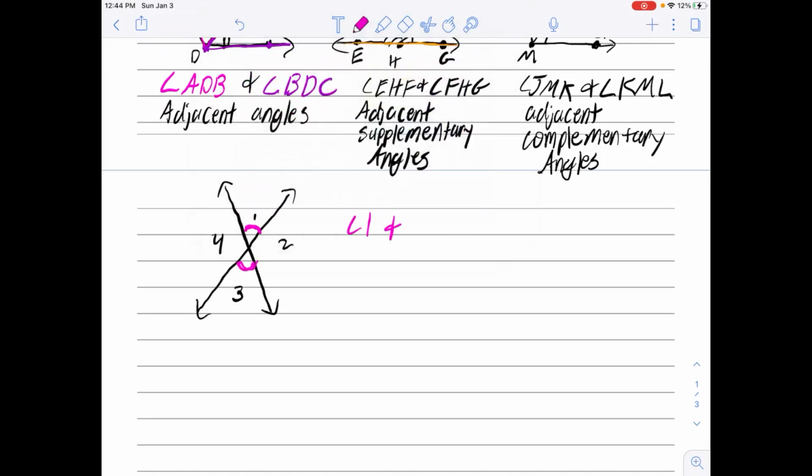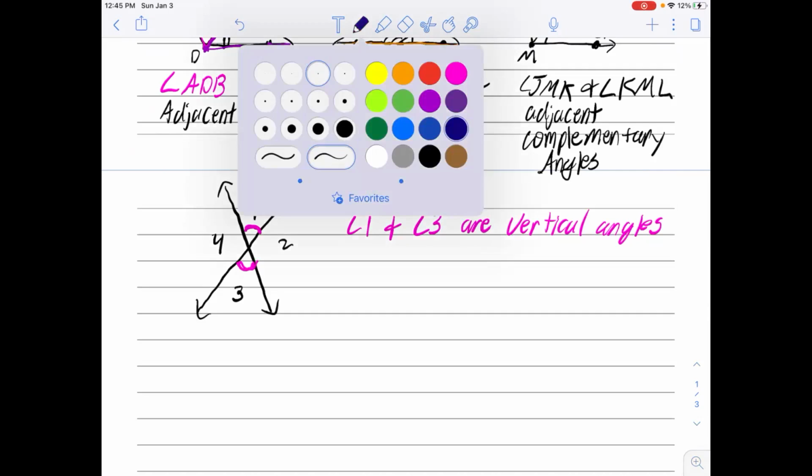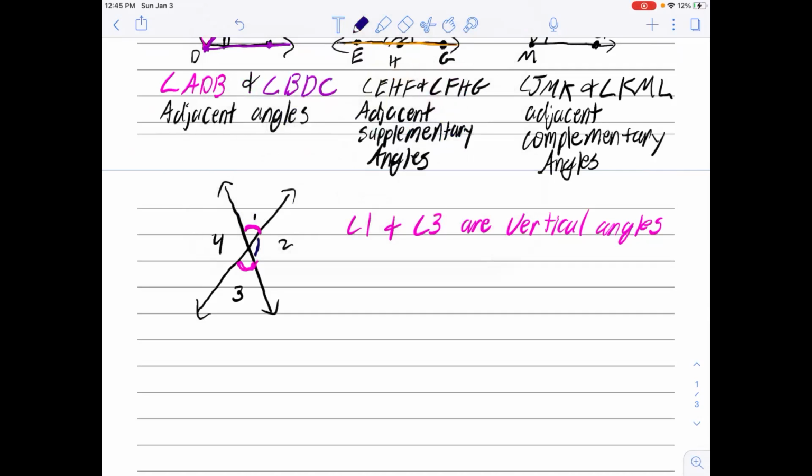Angle 1 and angle 3 are vertical angles. I could also say that angle 2 is opposite angle 4. So angle 2 and angle 4 are vertical angles to each other as well.